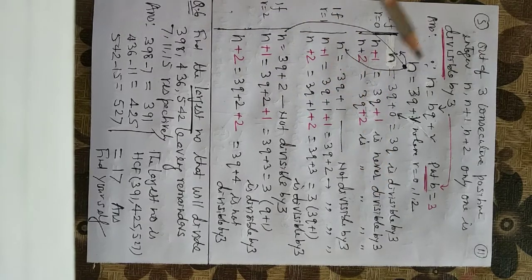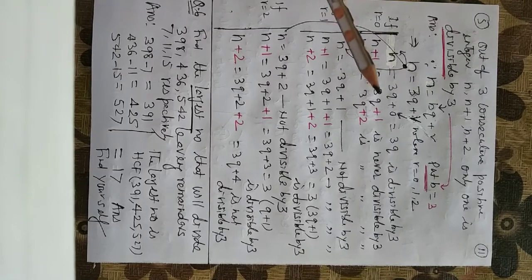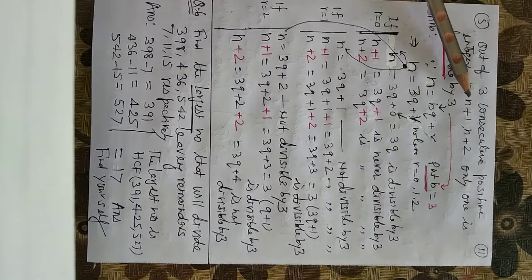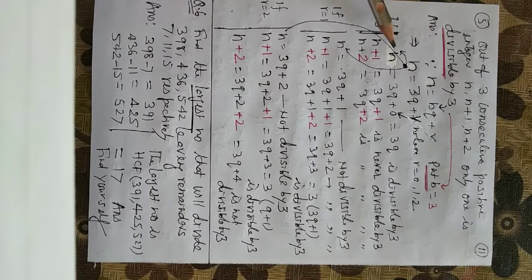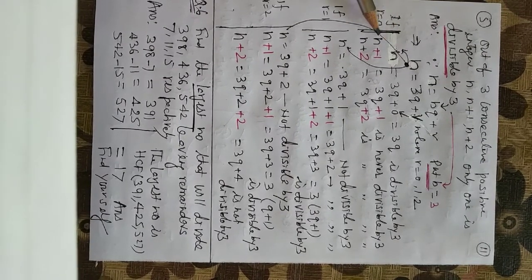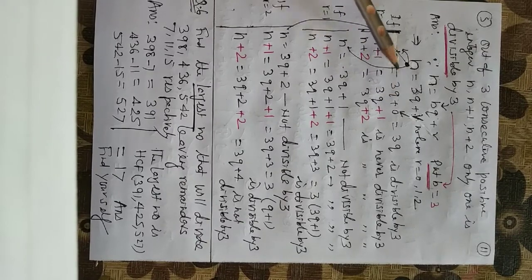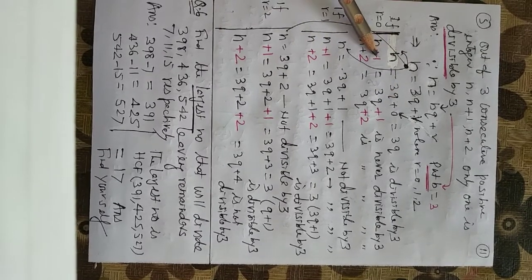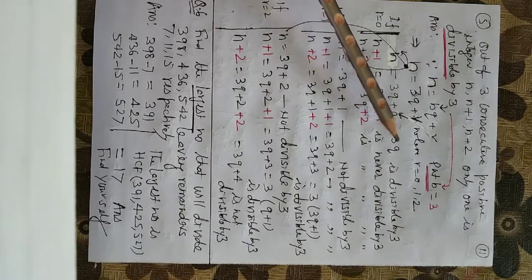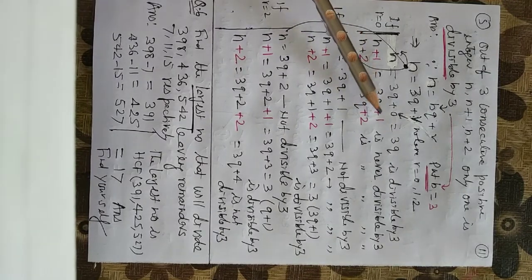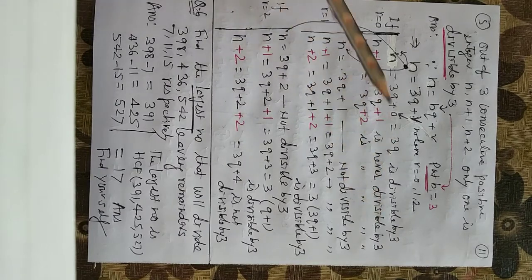But we have to test n plus 1 and n plus 2 at the same time. In the first case, n is tested. Now n plus 1, adding 1 to both sides, gives 3q plus 1, which is never divisible by 3.